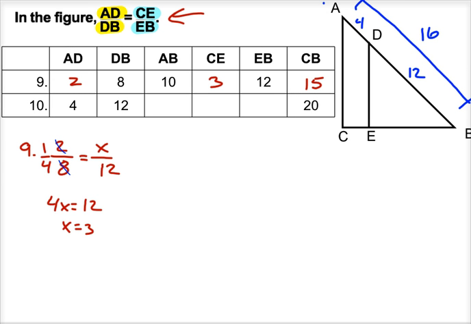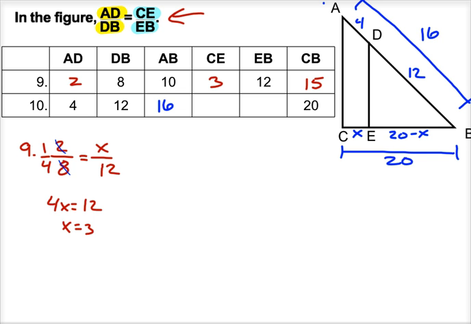So let's write in that AB is 16. Looking at the next part, CE I don't know. EB, okay, I don't know EB either, but I know that the entire piece is 20. Well, if CE is x and the entire piece is 20, EB is going to be 20 minus x.